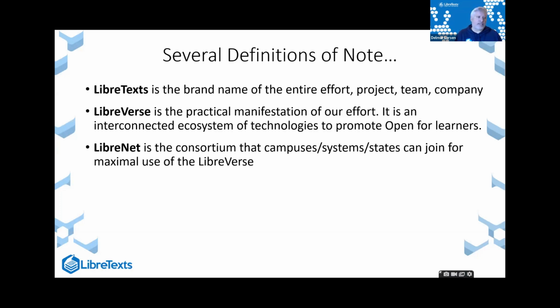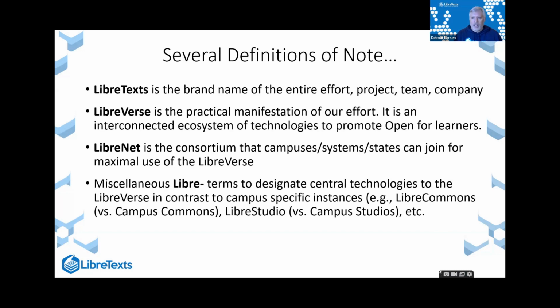So the LibreNet is meant to operate as a sustainability model for our infrastructure, where campuses can join in order to help support the infrastructure and also have some additional benefits that you don't get if you're not part of the LibreNet. And I can mention that at a later date, or Jennifer can mention it at a later date if it's applicable and you're interested in it.